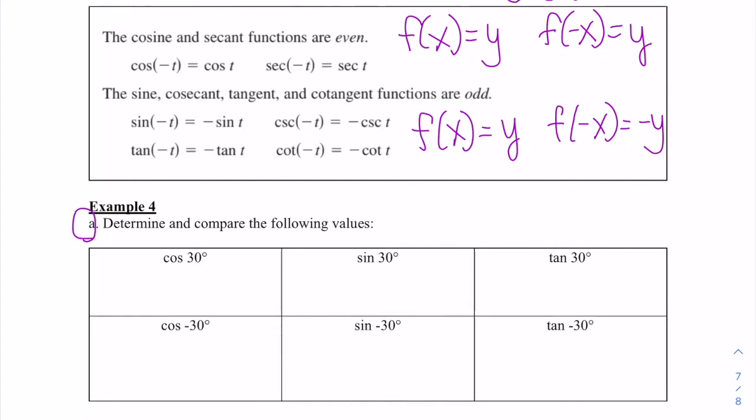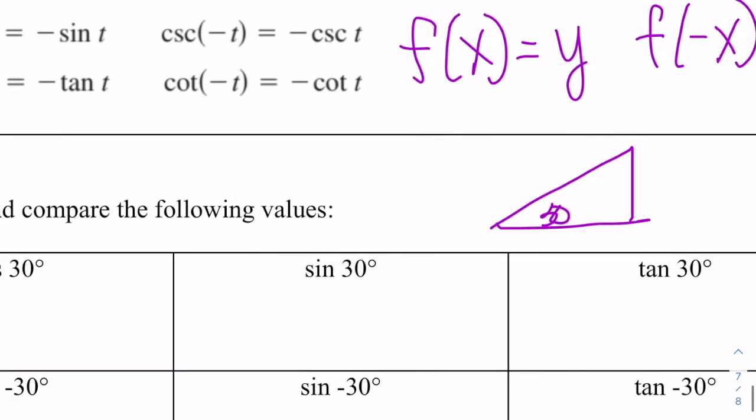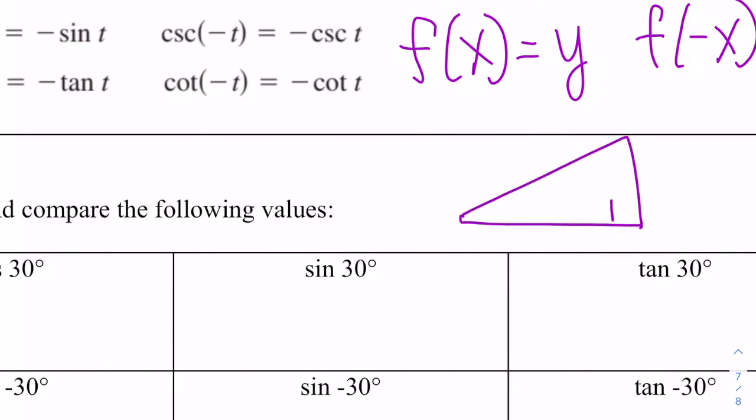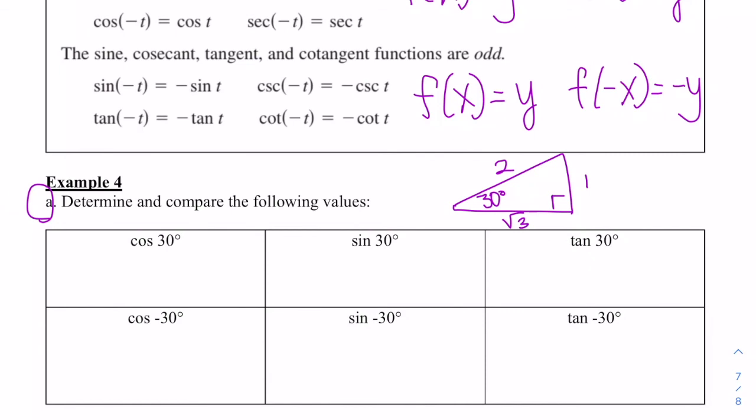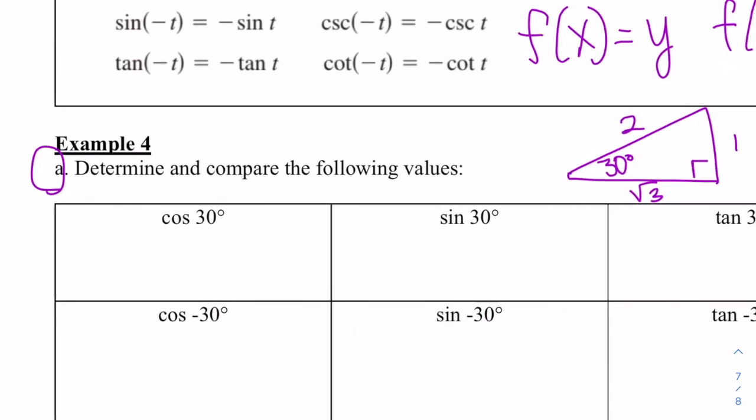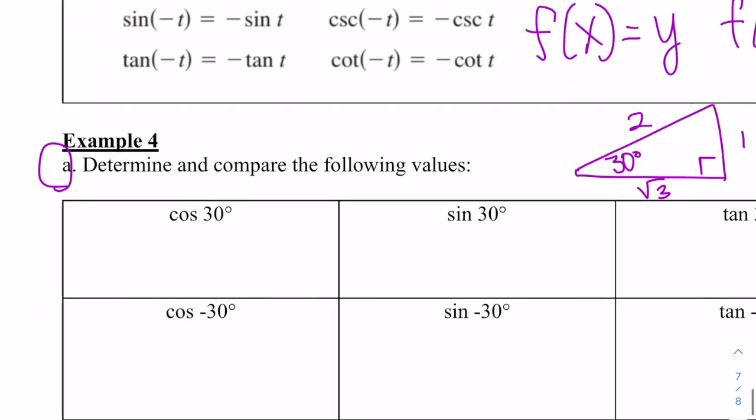So what I wanted to do is just practice a couple of examples, and we're just looking at 30 degrees. I'm just going to draw a 30-degree angle here. We could use the special triangles, or you can go back to the unit circle too. Either one is fine. Here we have a 30-degree angle, and I'm going to label this 1, 2, and √3. When we look at the cosine, the cosine is going to be √3 over 2.